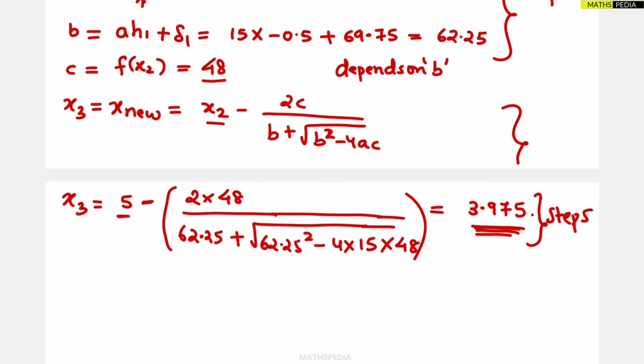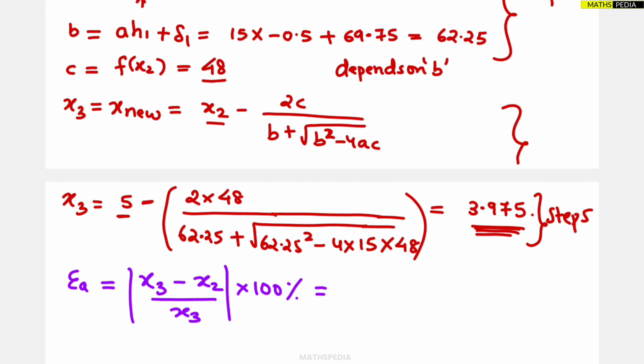Why do we have to go for the second iteration? Either it will be given in the question that you have to do 2 iterations, or if it is not given, then we are going to find out the error, which is called absolute error. So epsilon a error we are going to find out. The simple formula is: x3 we have got minus x2, divided by x3, the modulus of that, into 100%.